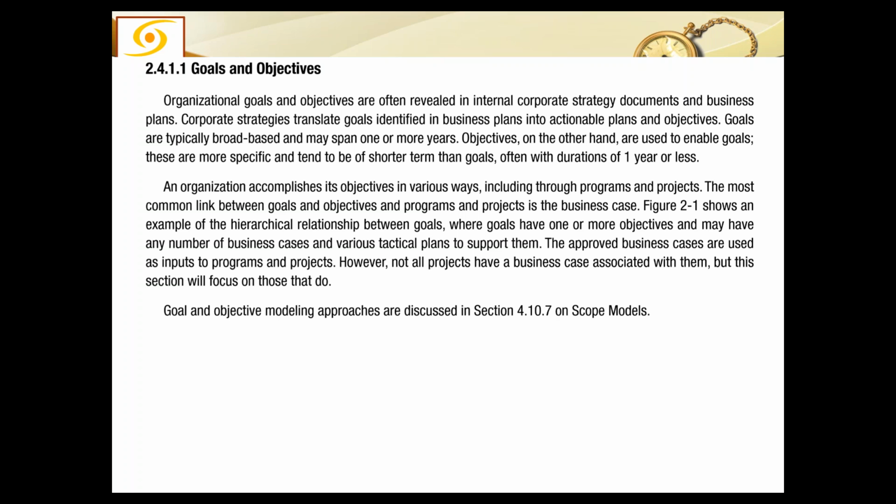Goals are typically broad-based and may span one or more years. Objectives, on the other hand, are used to enable goals. These are more specific and tend to be of shorter term than goals, often with duration of 1 year or less. So goals and objectives have been very clearly defined by this paragraph.